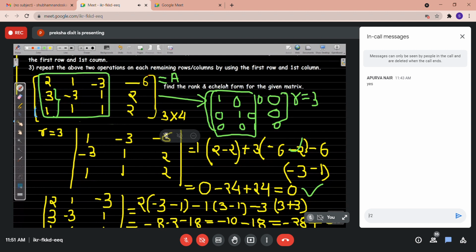So these few steps are quite clear to us, because such transformations we have performed earlier when we were finding the inverse of a matrix, and a few examples we have seen for solving systems of linear equations. Okay, then let's proceed.